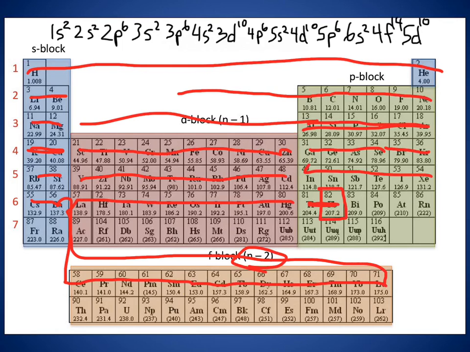There's only 2, 1, 2. So this is 6p2. And that's it. That's lead. So there are 2 more examples of how to actually do this for you. Hope that helps.